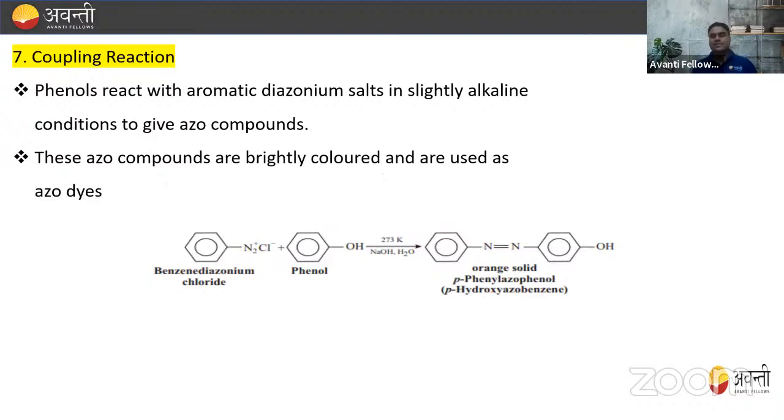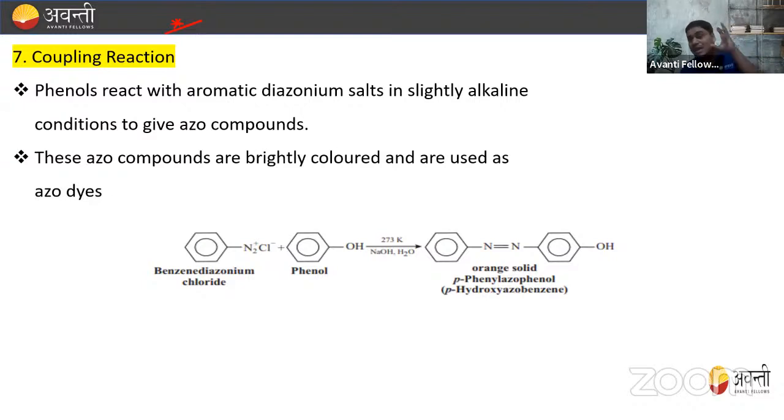Remember this. Now, one more important reaction of this chapter is the coupling reaction. What is this coupling reaction actually? Basically phenol reacts with the aromatic diazonium salt in a slightly alkaline condition to give an azo compound.